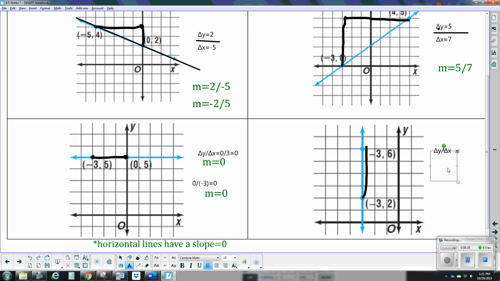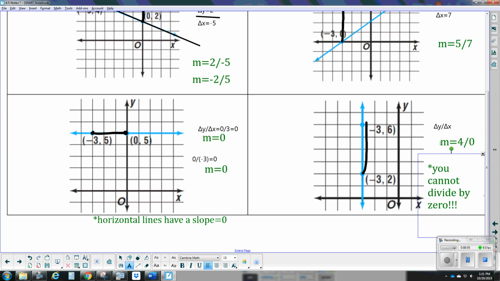And our change in x is 0. So our slope is equal to 4 divided by 0. Now remember that you cannot divide by 0. And so therefore a slope of 4 divided by 0 is undefined.